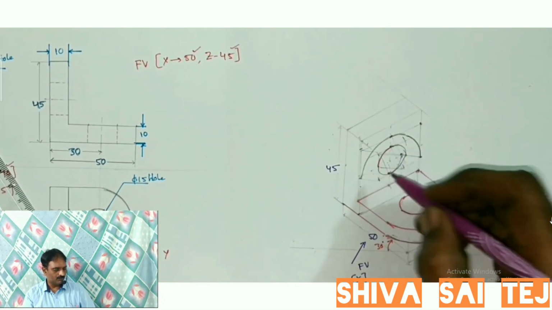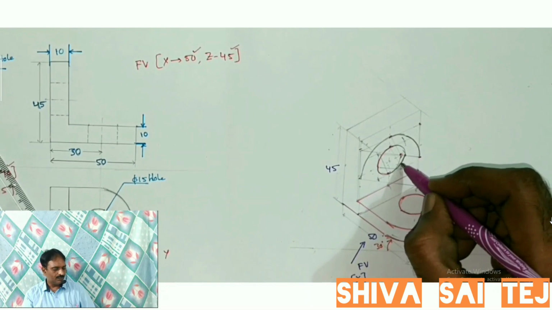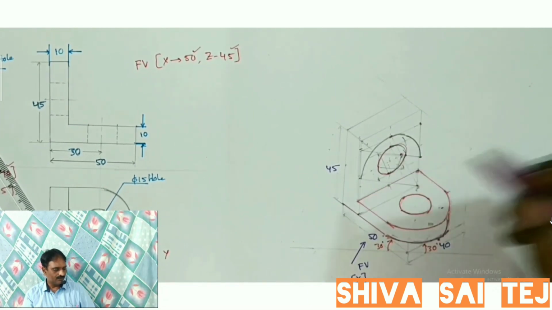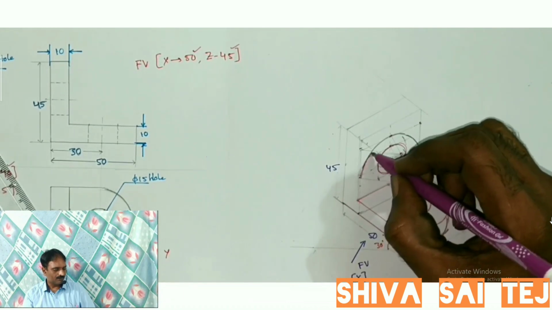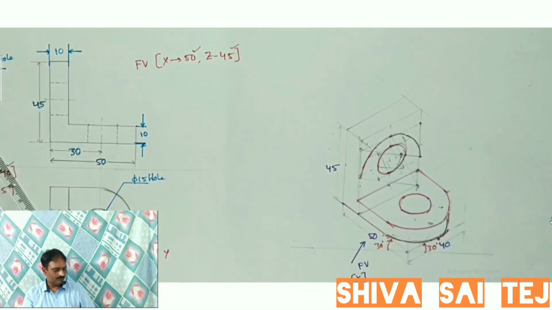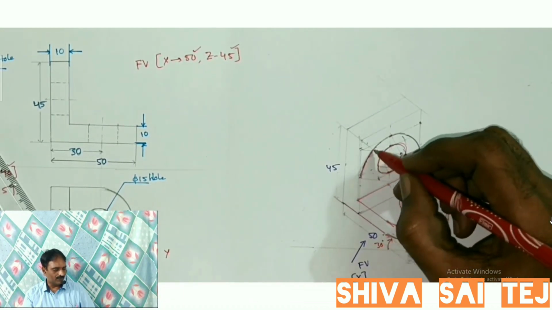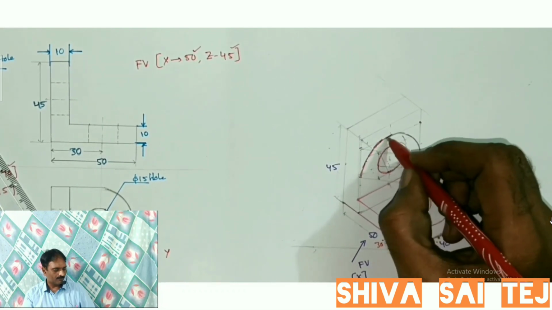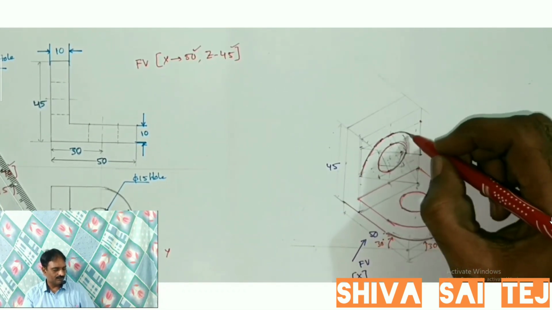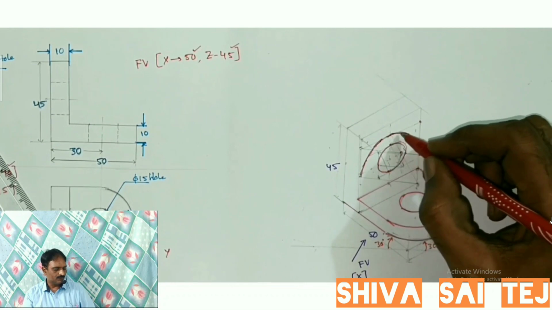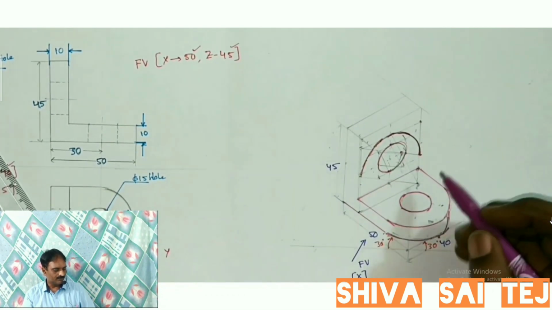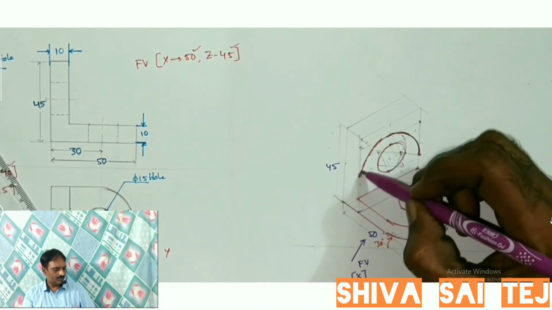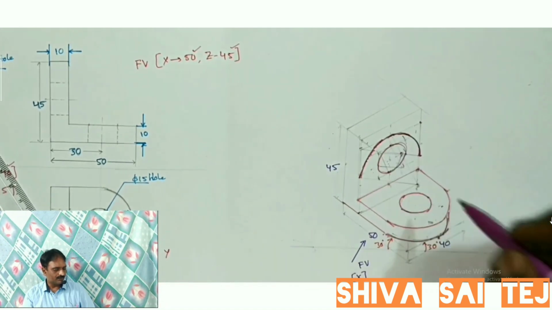So this is point number 1, which lies 10 units ahead in x direction. So those 3 points will be towards x direction. Once the 3 points are located, complete the arc.